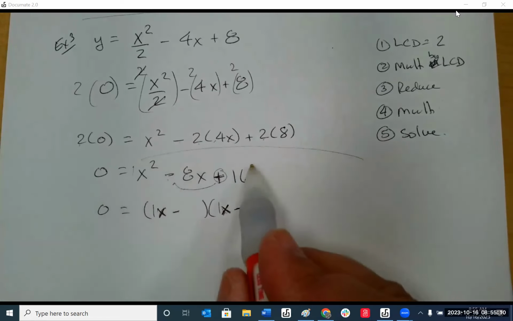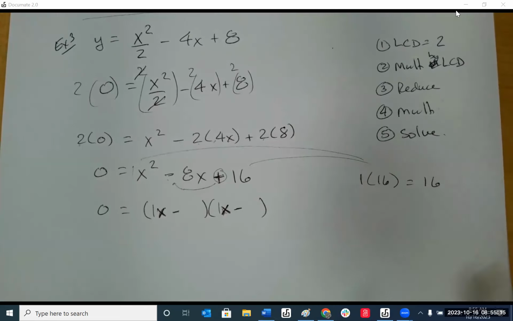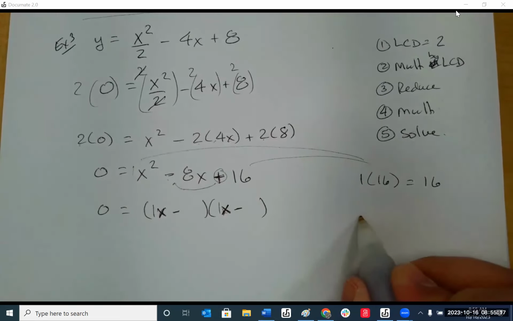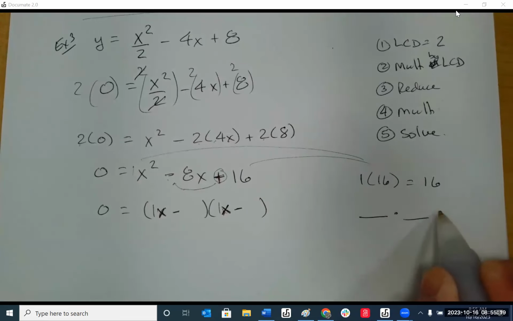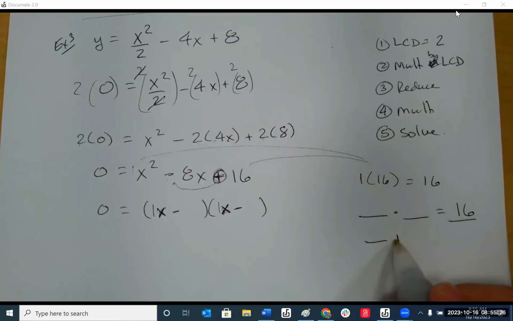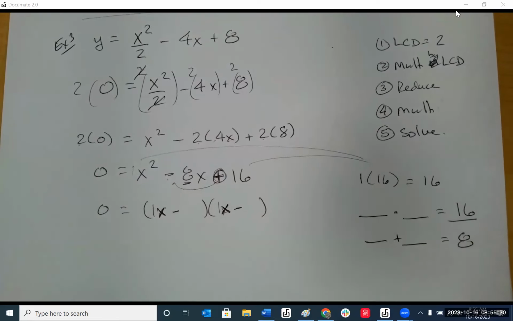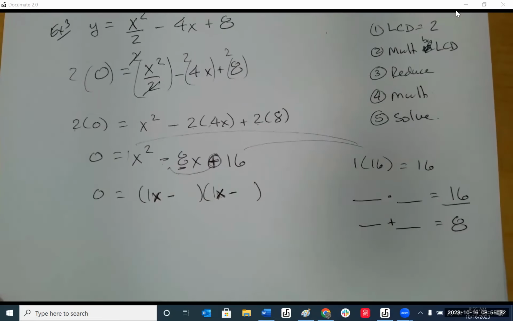Now multiply a times c. So we have 1 times 16 equals 16. We have to figure out what two numbers multiplied give us 16 and when we add them, we get 8. So let's see, what makes up 16?